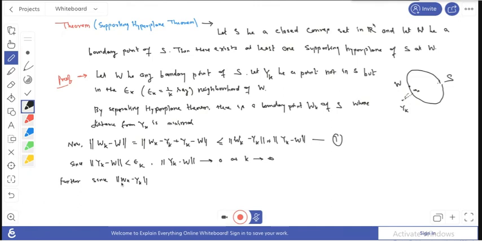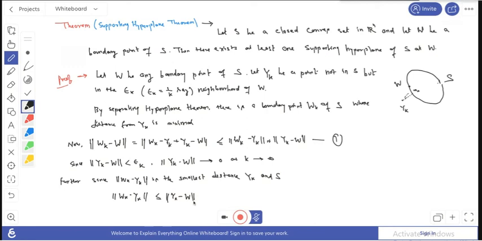It is the smallest distance between yk and S. Therefore this distance is also less than or equal to the distance between yk and your boundary point w.